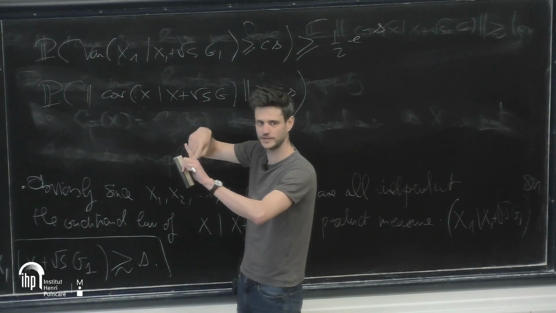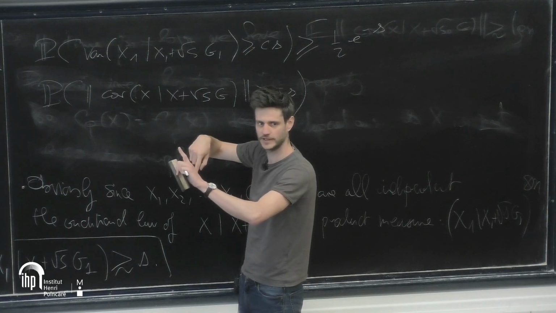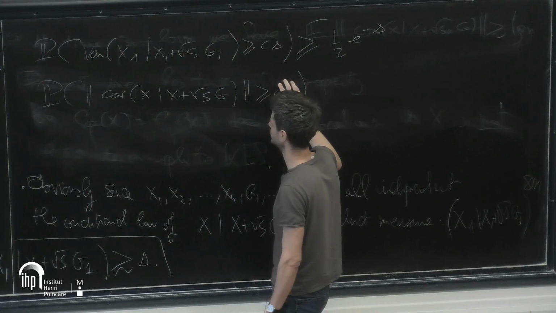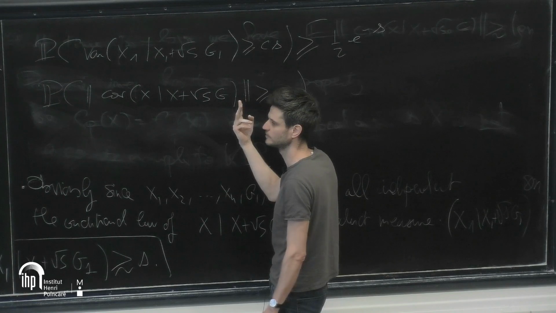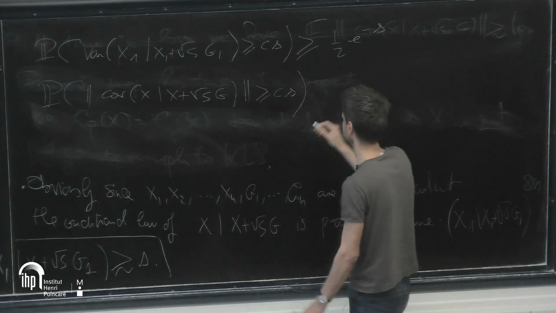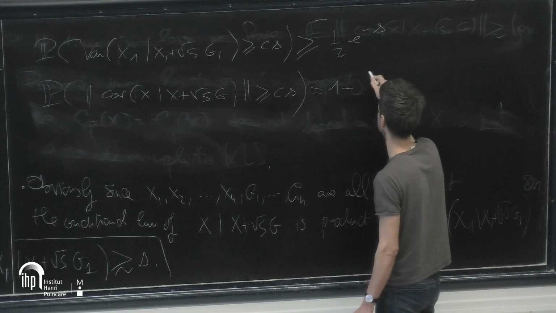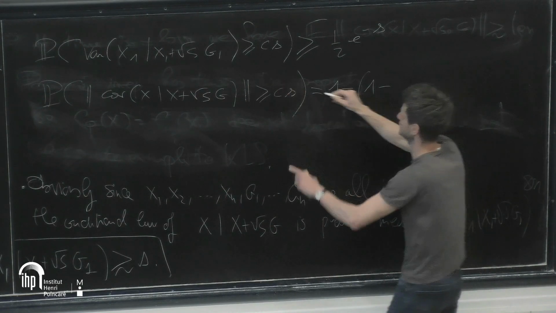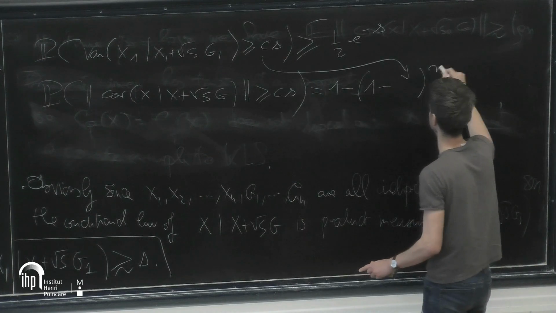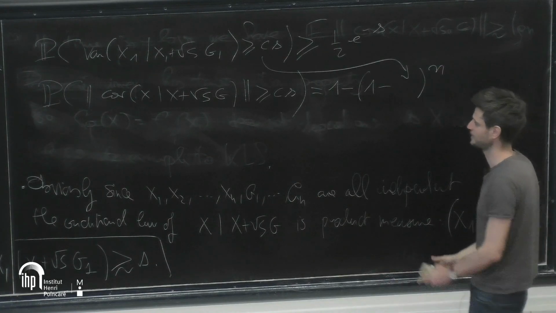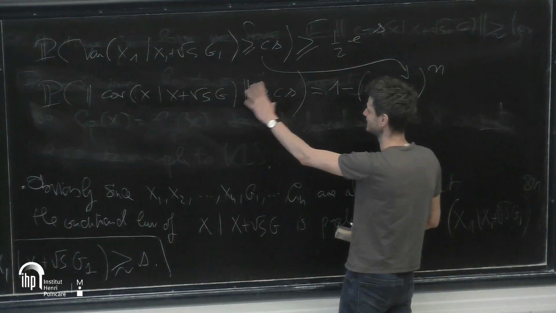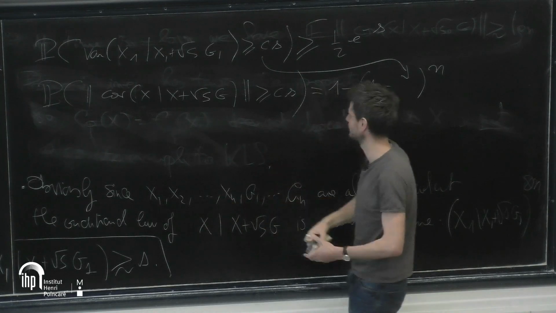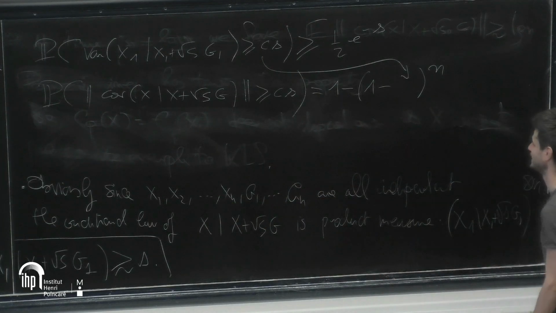The coefficients on the diagonal are IID. So the probability that the largest of them is larger than CS, you have to go the other way around for C. Well, you use independence, okay? So it's 1 minus this probability here to the n, right? The probability that it's less than CS is the probability that they're all smaller than CS, so it's the product, okay? So I guess it's correct here.